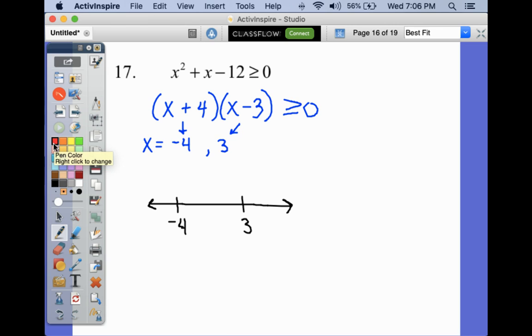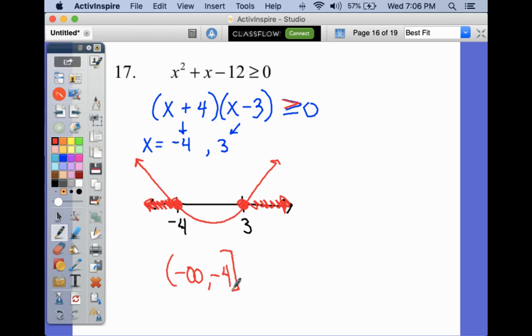Now we are going to use closed circles because of the equal to. And then the graph of our parabola looks like this. Now I want to know where is the parabola greater than, which means above the number line. It's above the number line over here and also over here. So our solution should be negative infinity to negative 4 with a bracket, or 3 to infinity.